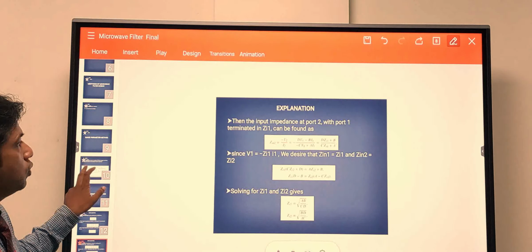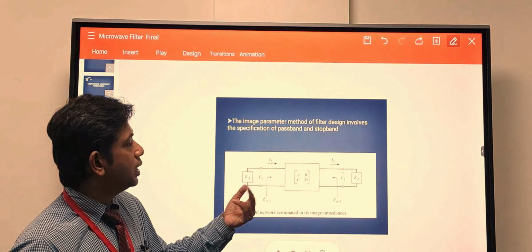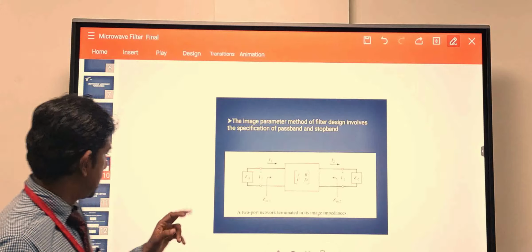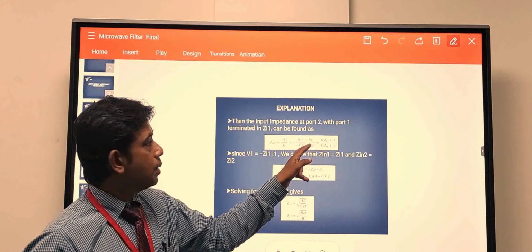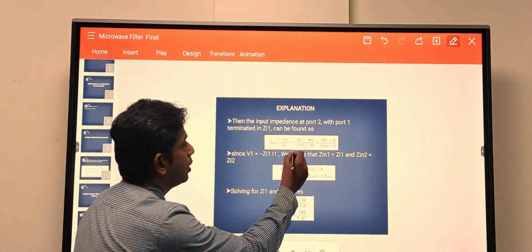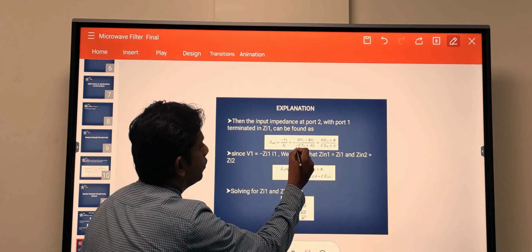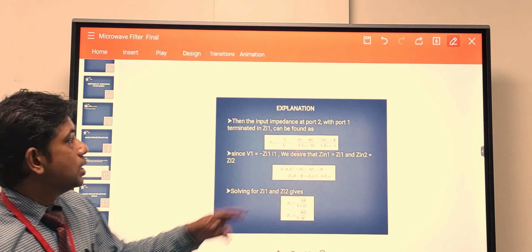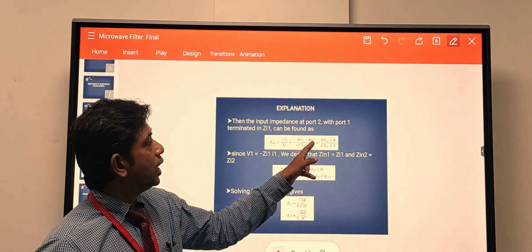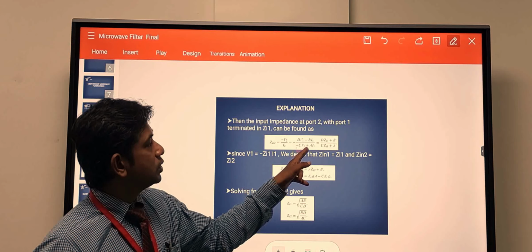So this V2 can be given by the other parameters, and how do we define them? It becomes D into V1 minus B into I1 and along with this, C into V1 plus A into I1. That is D into V1 minus B into I1 over minus C into V1 plus A into I1.